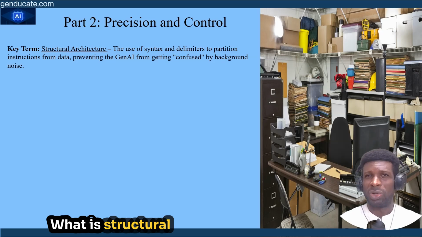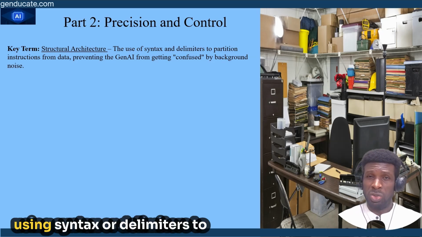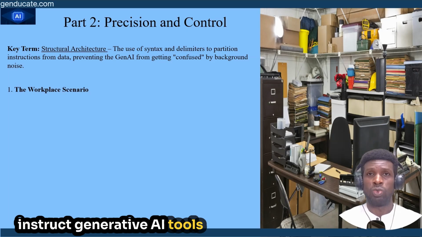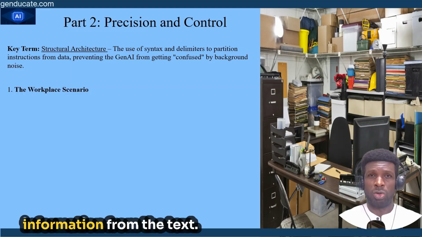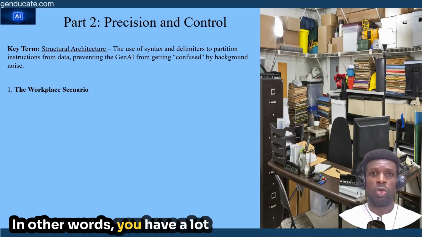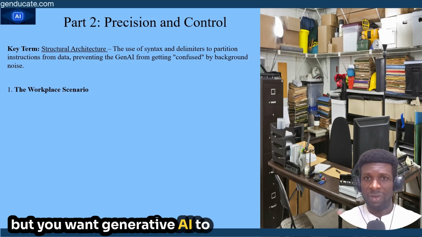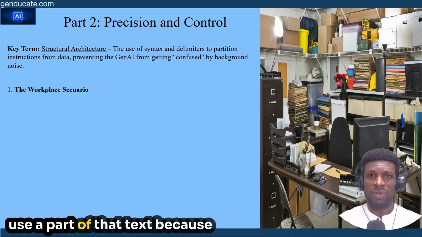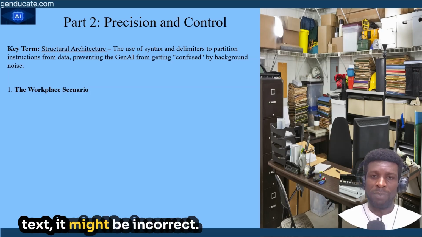What is structural architecture though? In this context, it's just using syntax or delimiters to instruct generative AI tools to avoid using unwanted information from the text. In other words, you have a lot of text given to generative AI, but you want it to focus on a part of that text, because if it uses other parts of the text, it might be incorrect.